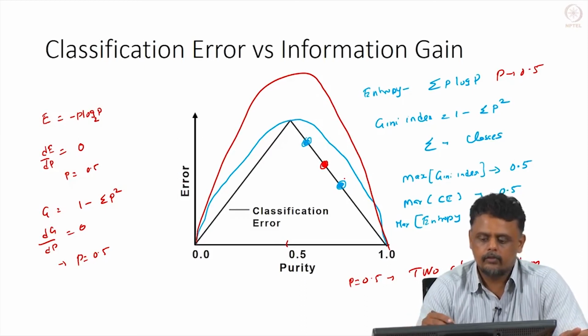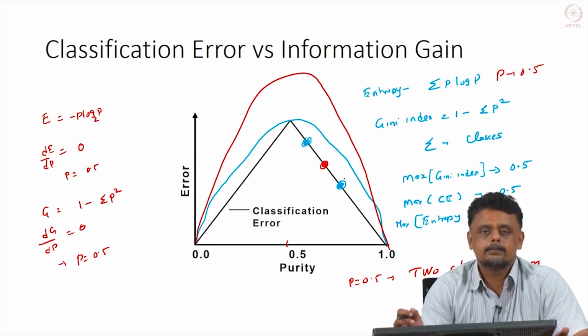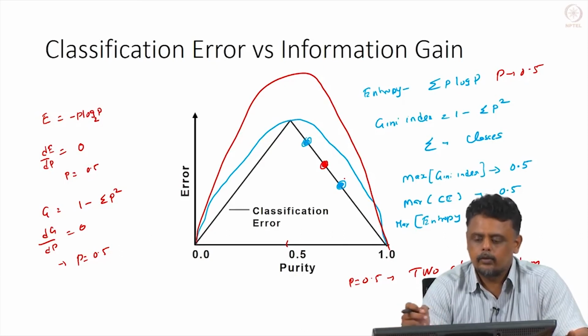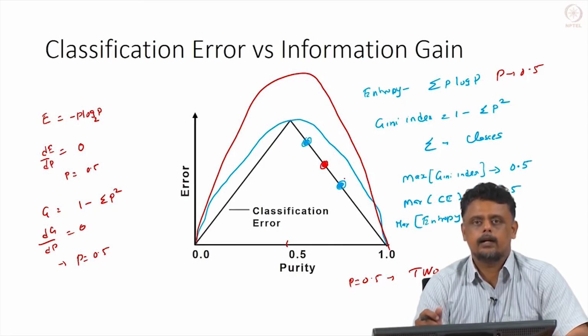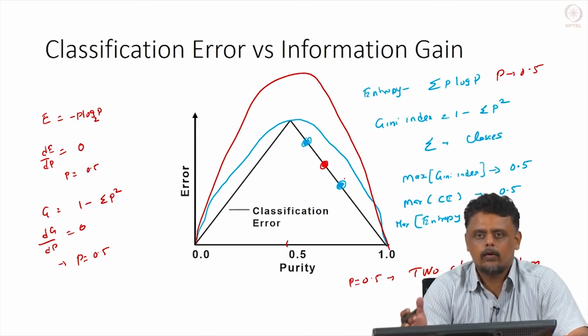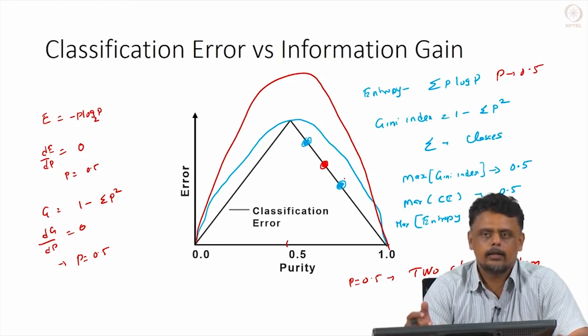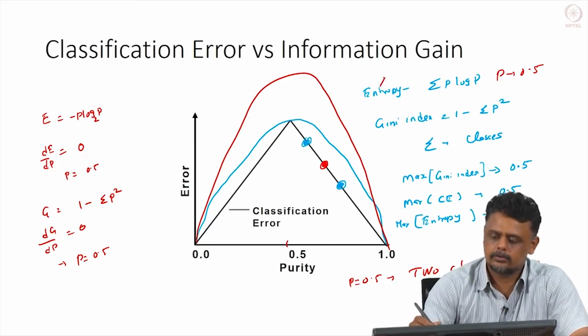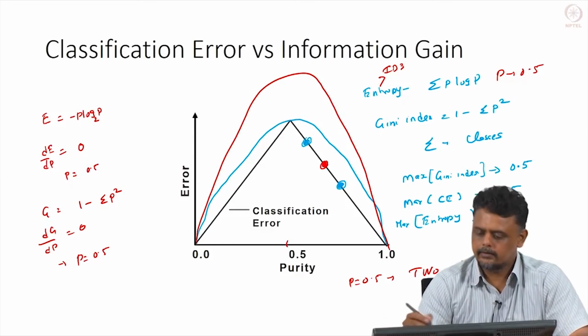But if you use the other two, entropy and Gini index, then you can successfully split on the different features. If you use entropy and entropy based information gain, it is called the ID3 algorithm, and if you use the Gini index, it is called CART, C-A-R-T. So this corresponds to ID3 and this one is CART.